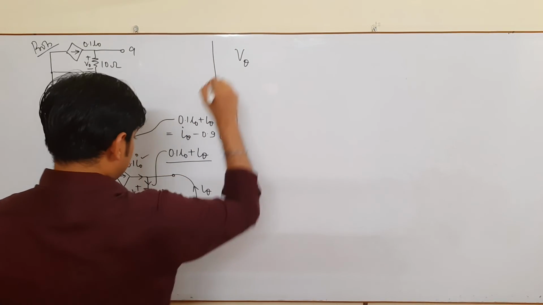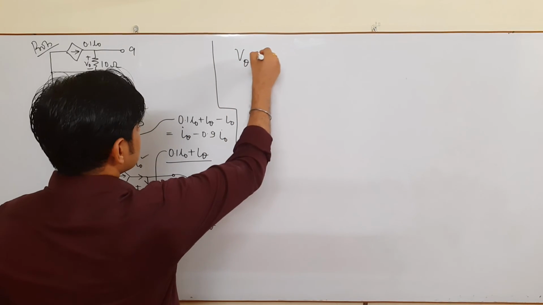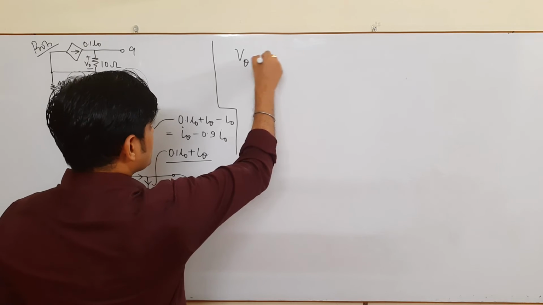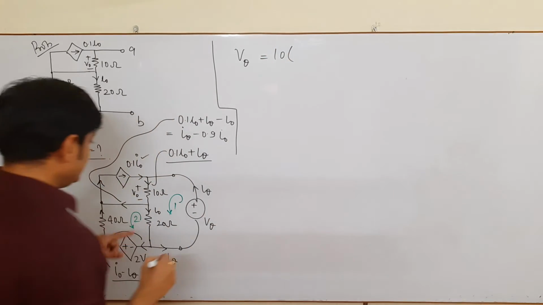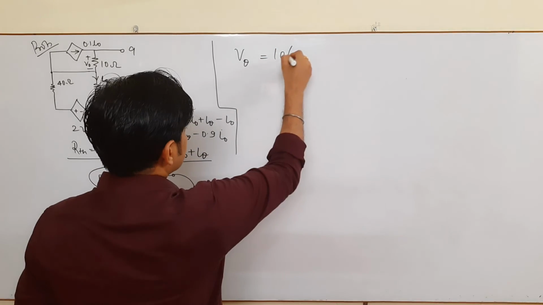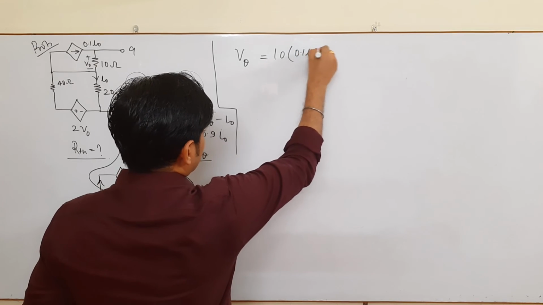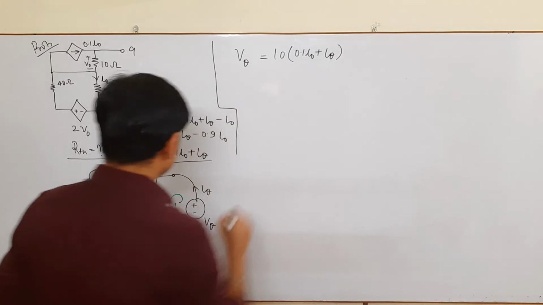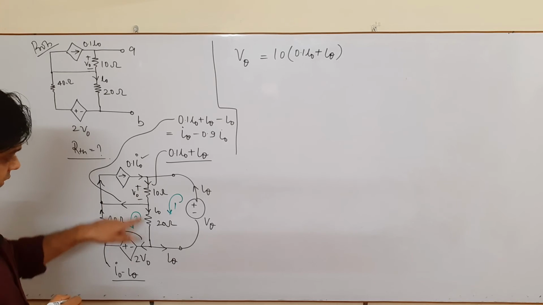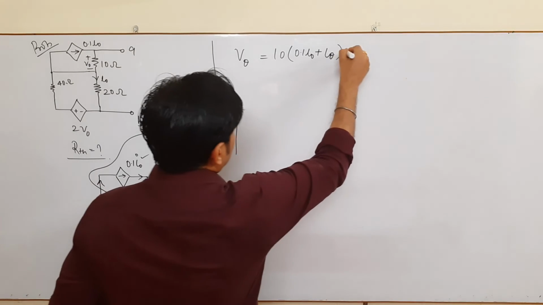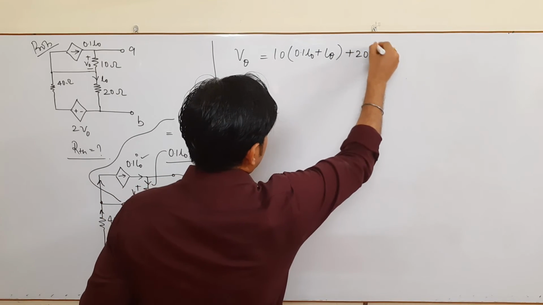V theta is equal to 10 into the current flowing here, which is 0.1 I naught plus I theta, the current which is flowing here, then plus 20 I naught.